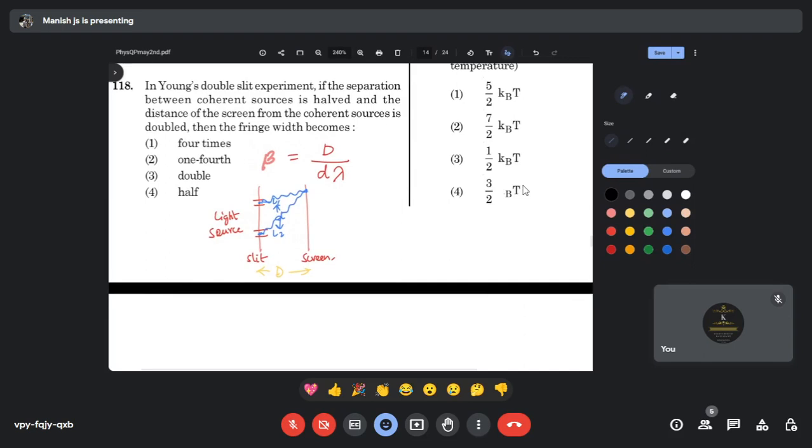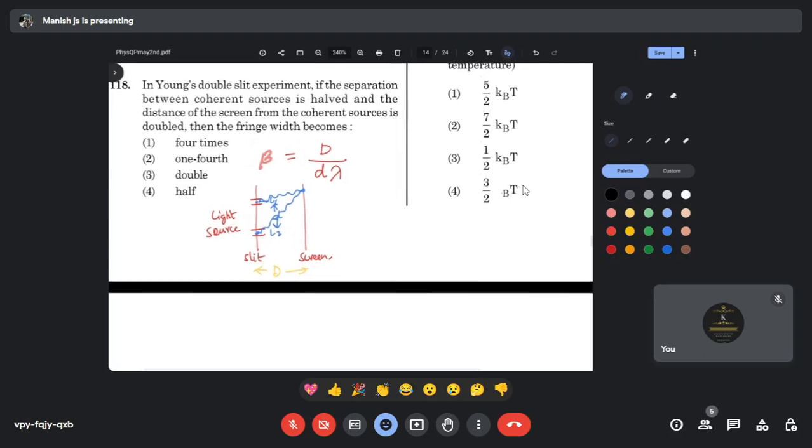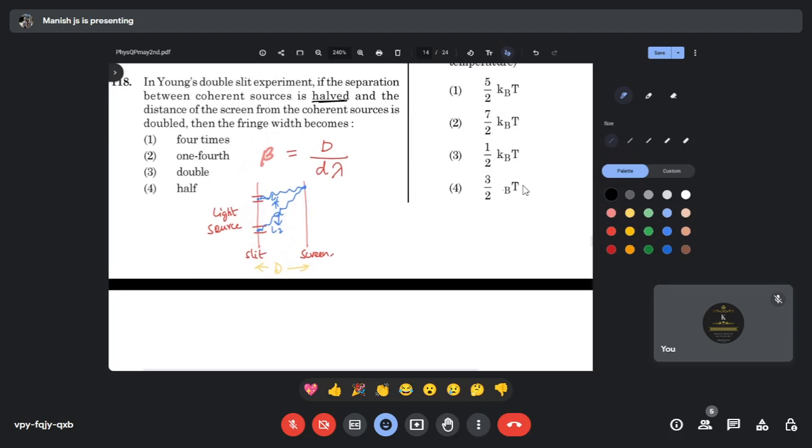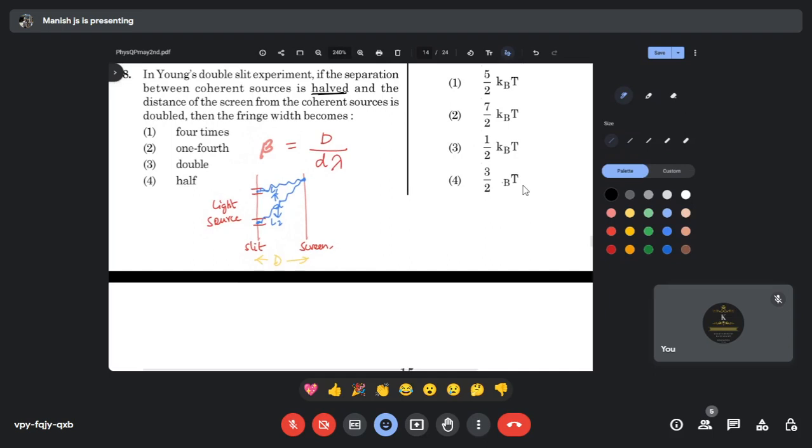So in this question, what are they telling here? They're telling you that the distance of separation is being halved. That means it is made 1 by 2 of what it was before. So what is going to happen to the fringe width is the question.